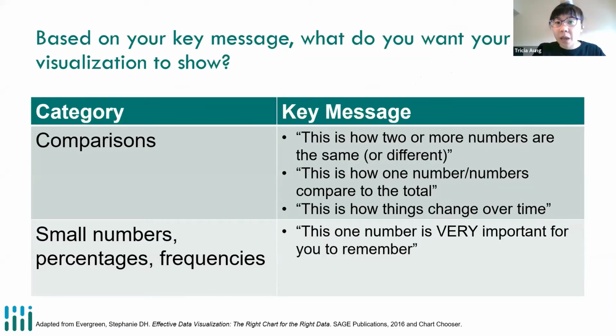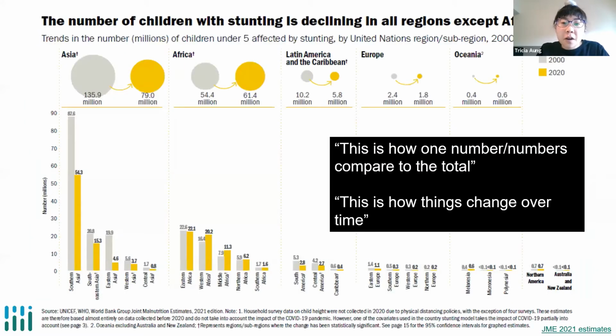A lot of the time you want to convey comparisons, so how two or more numbers might be the same or different, or proportion, on how one number or certain numbers compare to a total, or trends over time. You may also want to convey specific numbers, where you want someone to remember one number and it's very important.